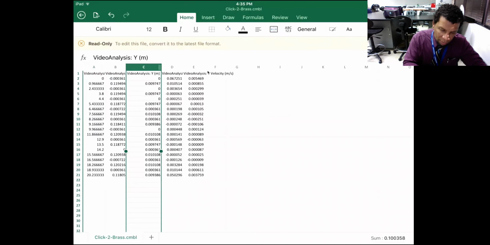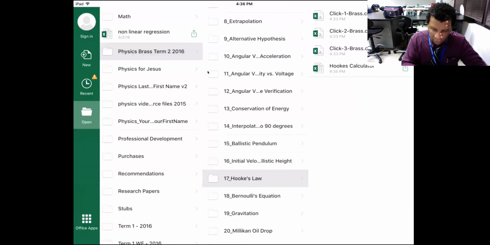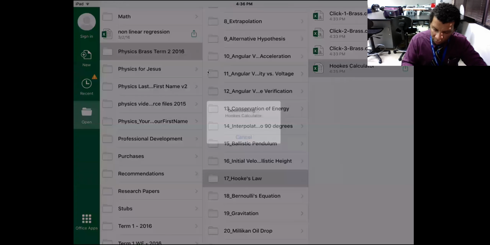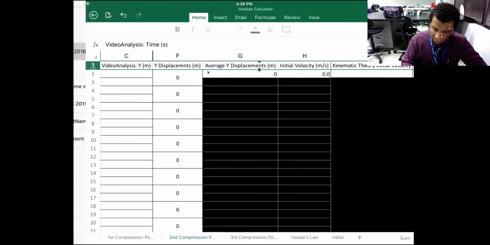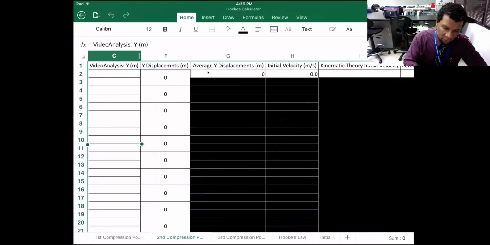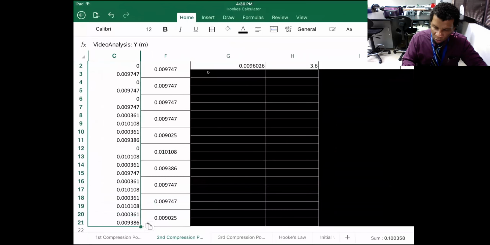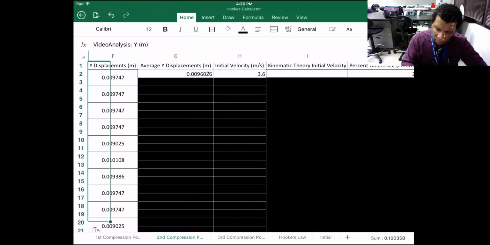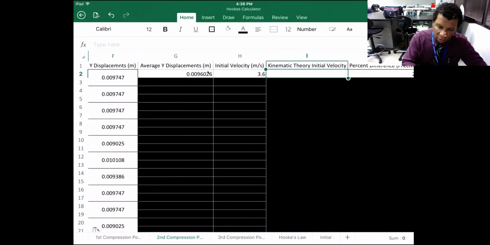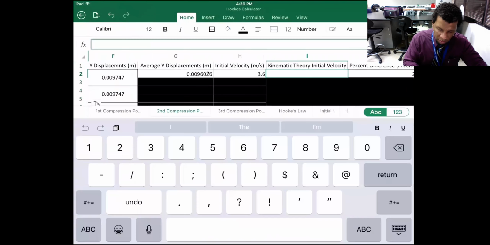Yep, I'm just going to copy that. Go back into Hooke's calculator. We're in number 2, paste. So we're coming out with 3.6. I think my kinematic theory came out to be something like 3.5.